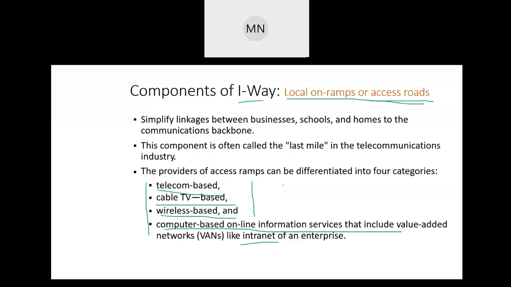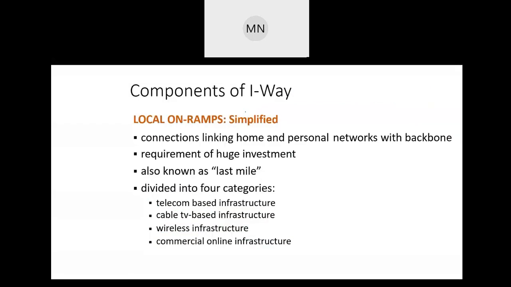Sometimes they are also called last mile, because they are the link that is provided from the users to the global network. And local on ramps, as previously discussed, link the home and personal networks with the backbone. That's why they are called local on ramps, or sometimes last mile. Okay.